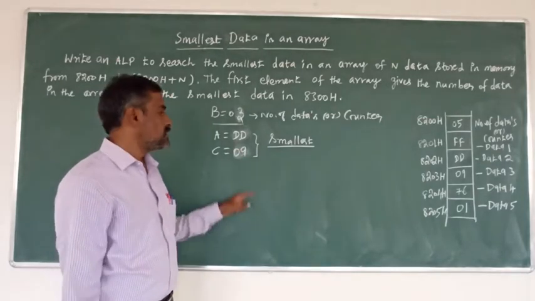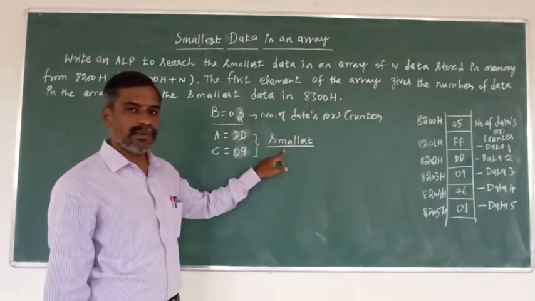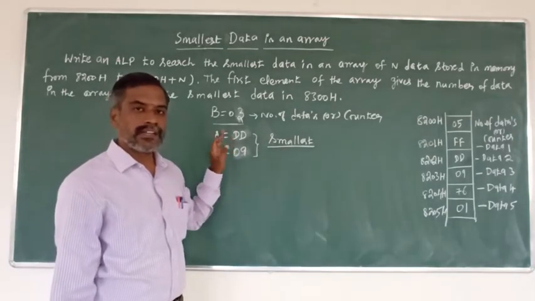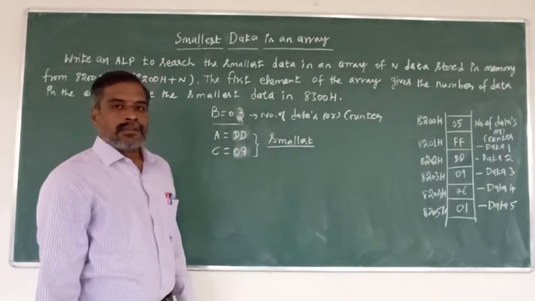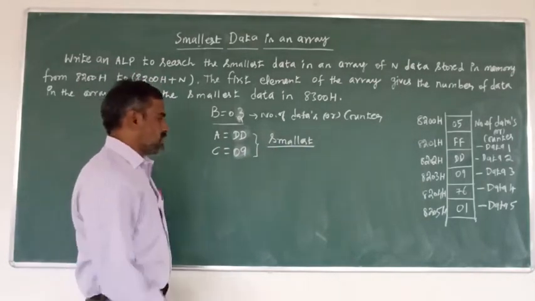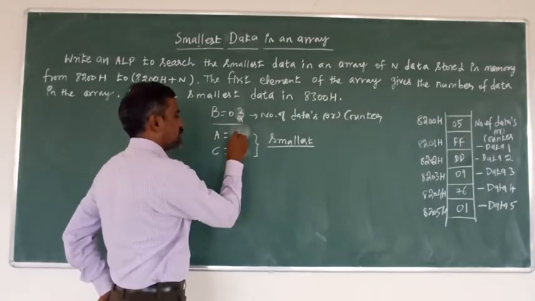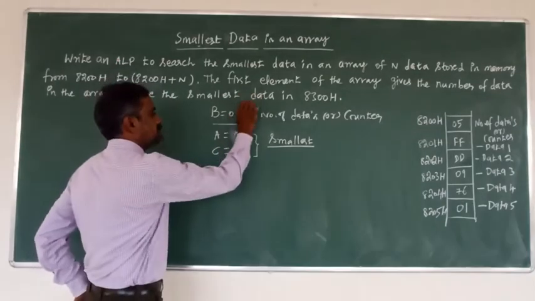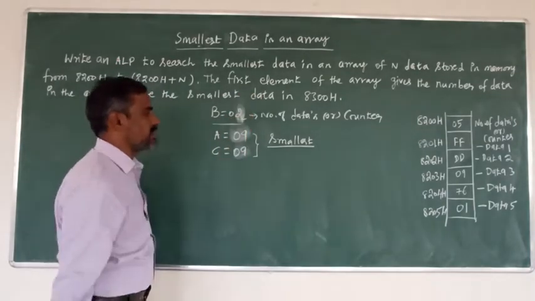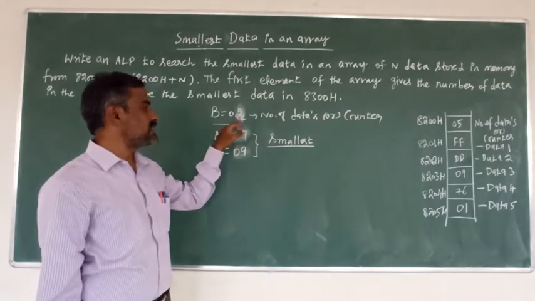Why? The accumulated data is largest, but in the program the accumulated data should be the smallest. For that, the C register data moves to A register. Now A equals 09. Now decrement the B register content once. Now B equals 02. Now check whether it is 0 or not.